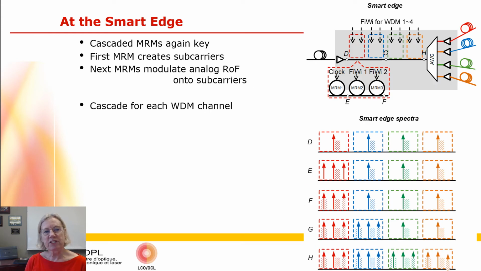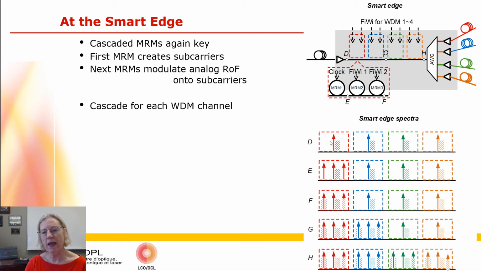At the smart edge, what do we do? Well, again, microring modulators are key. Again, we're going to cascade them, not necessarily IQ versions in this case. Think of us as using a cascade of 3 microring modulators for one WDM channel. The role of the first microring is to create subcarriers.